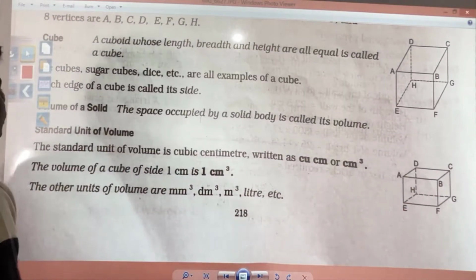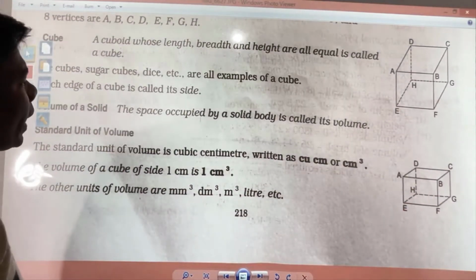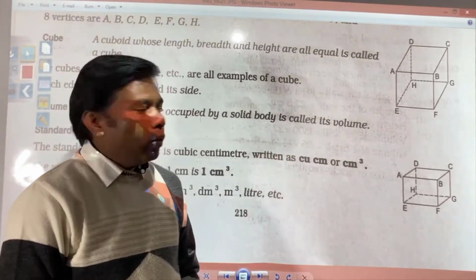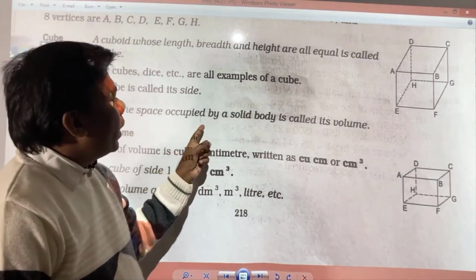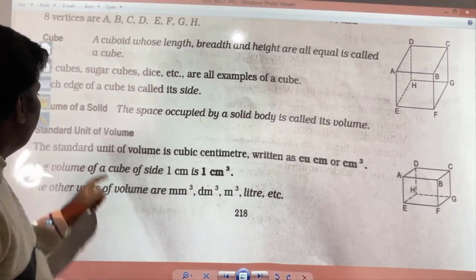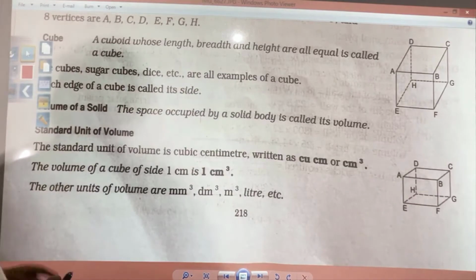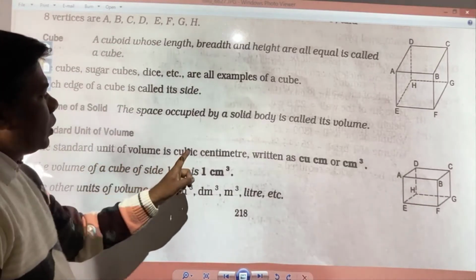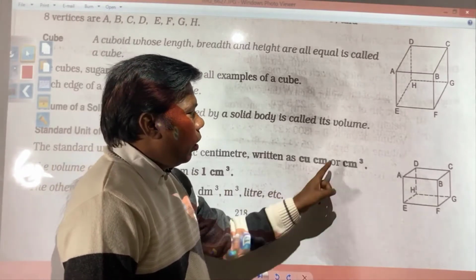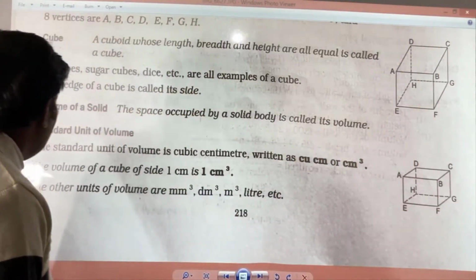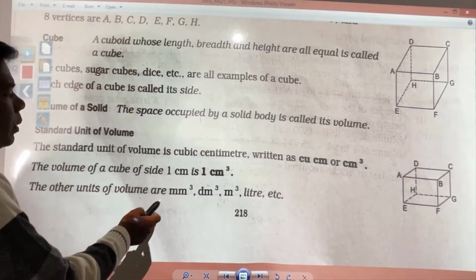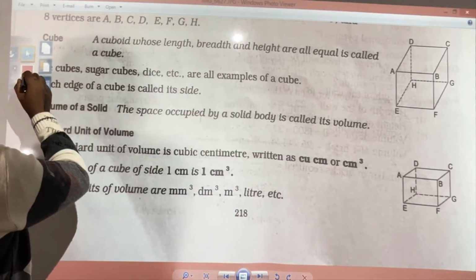Then we have volume of a solid. The space occupied by a solid body is called its volume, that we know. So standard unit of volume is what? The standard unit of volume is cubic centimeter, written as cu cm or centimeter cube. The volume of the cube of side 1 centimeter is 1 centimeter cube.